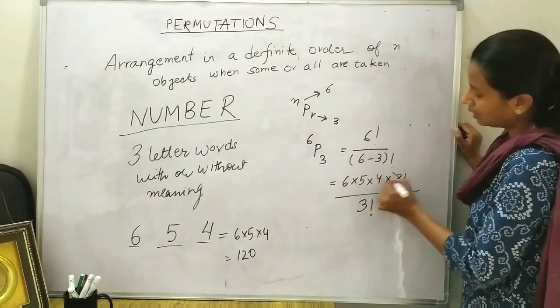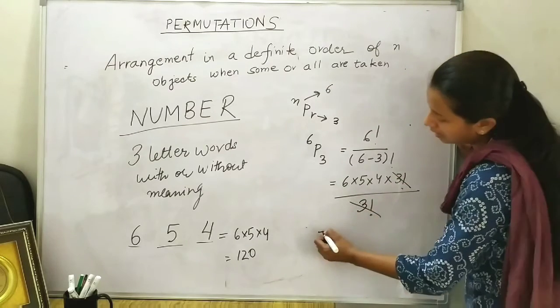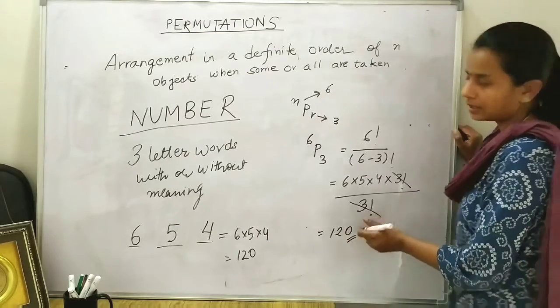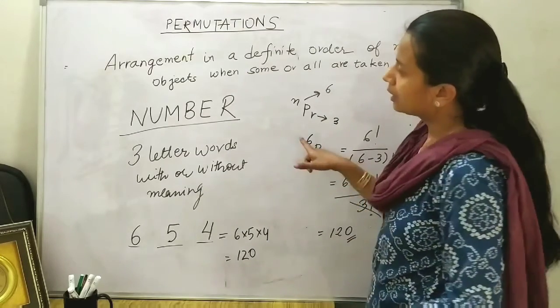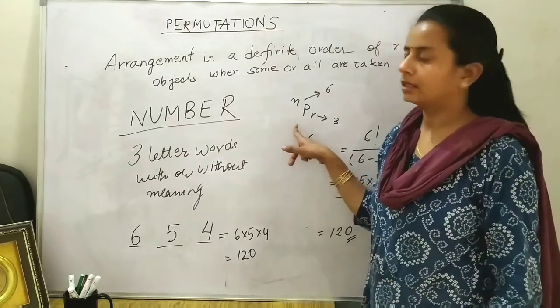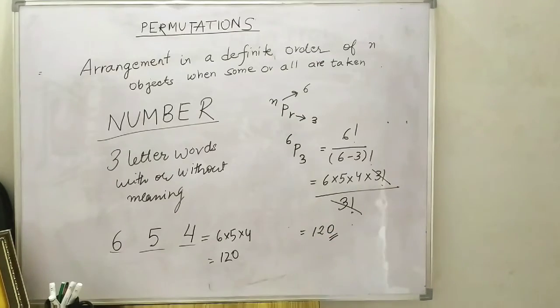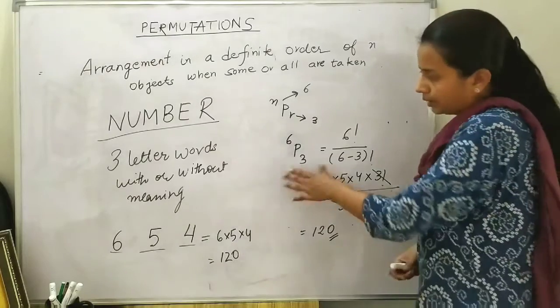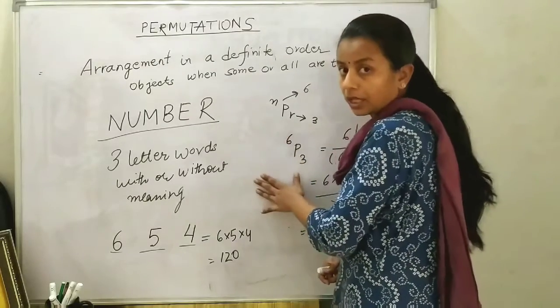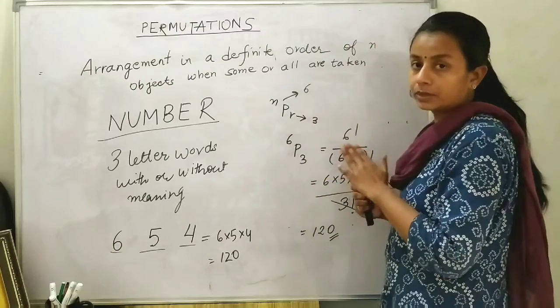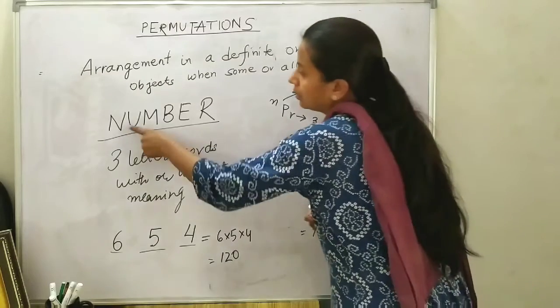This cancels this, and the answer we get is 120. So in this way, permutation or arrangements can be calculated when the objects are distinct. These are distinct objects.